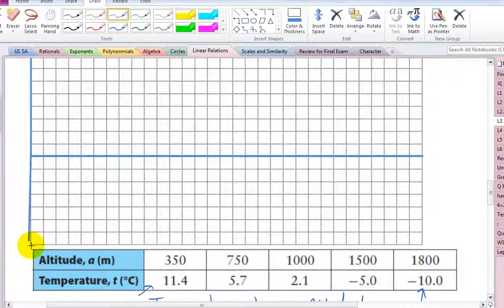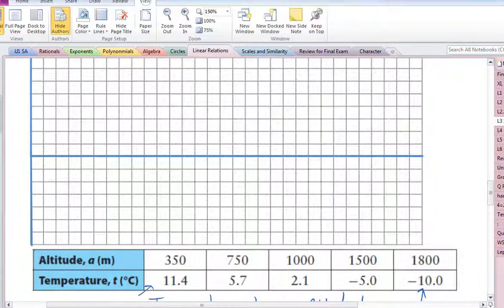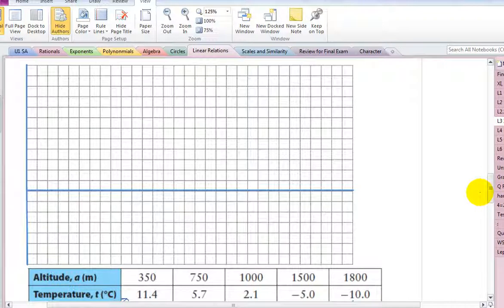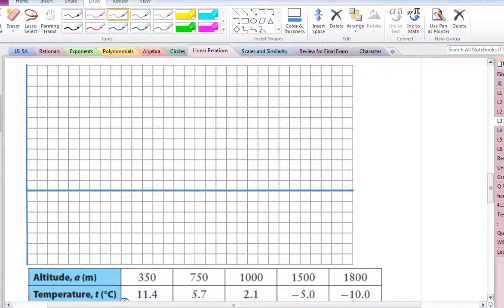Again, this is quite a difficult graph to draw. So you've got to get it down to minus 10. I'd count by 2's. So minus 2, minus 4, minus 6, minus 8. Here's negative 10. And then count up by 2's. 2, 4, 6, 8, positive 10. 2, 4, 6, 8, 20.